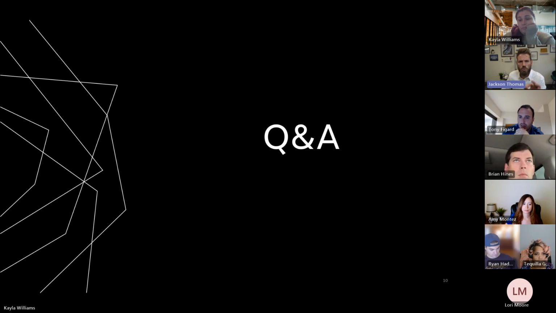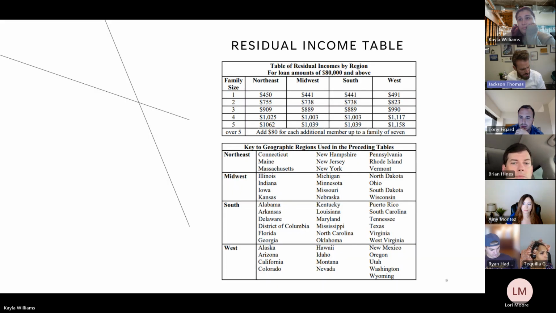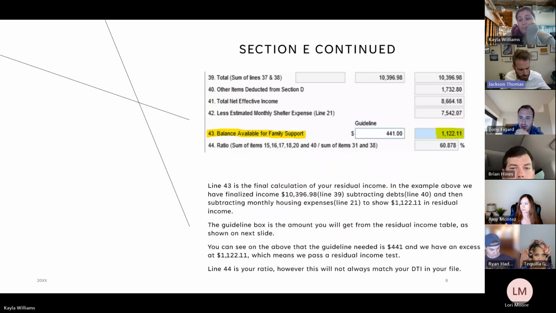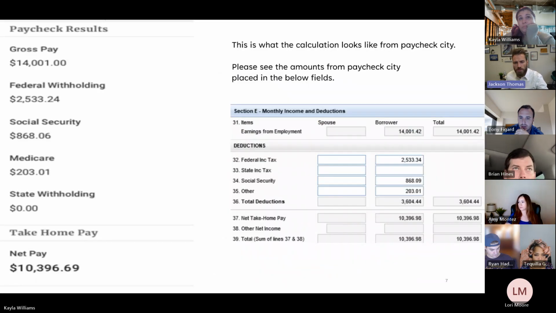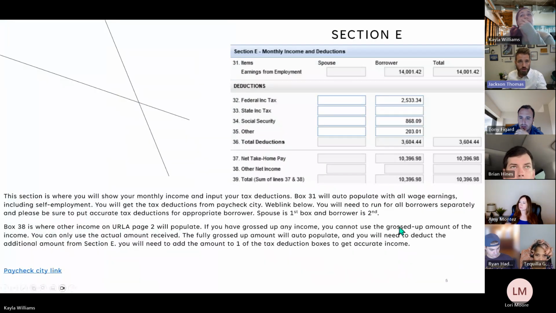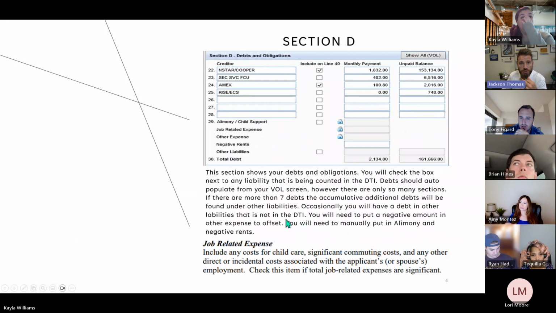Can you go back a couple slides? I just wanted to clarify again on child support. There's child support, which is your traditional child support situation you run into with divorce, right? But we need to make sure we're asking, for example, we ran into an issue where there was child care.